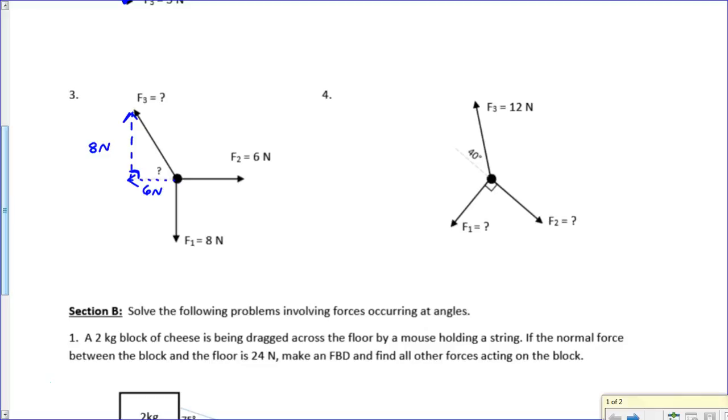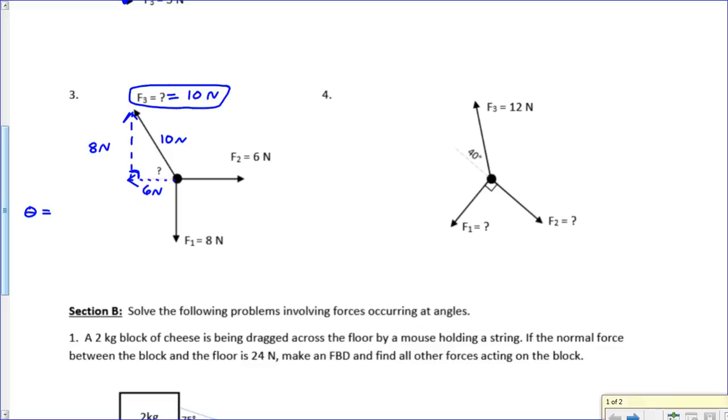You can use the Pythagorean theorem on this one and try and figure out the size of F3. A squared plus B squared equals C squared. You should get 10 newtons for the hypotenuse there, which is equal to our force 3. And then all that's left is we have to find this angle. We know that theta, if we want to find an angle, we have to use an inverse trig function.